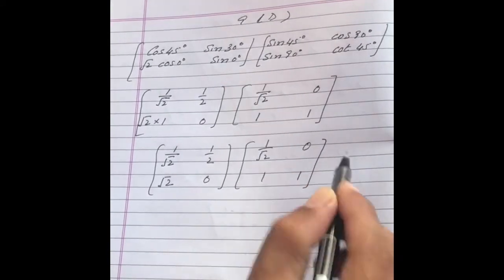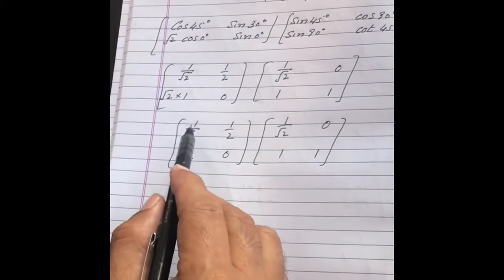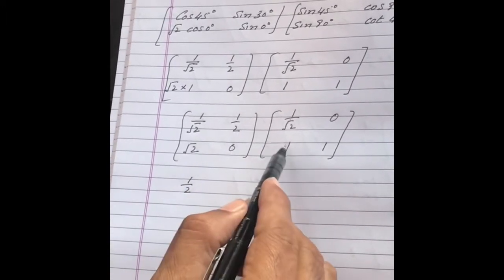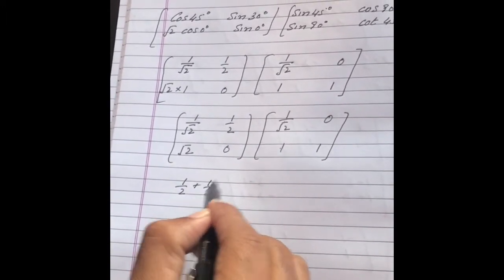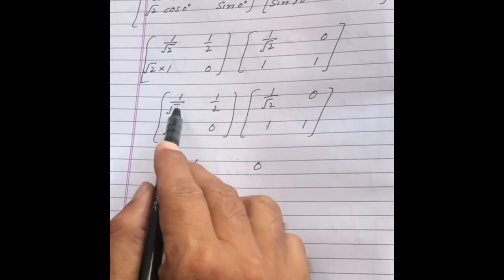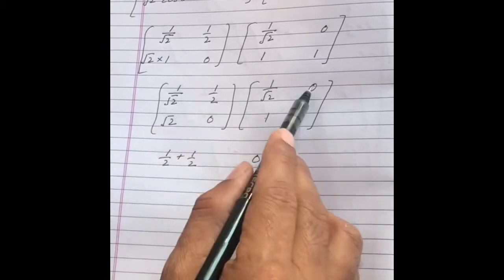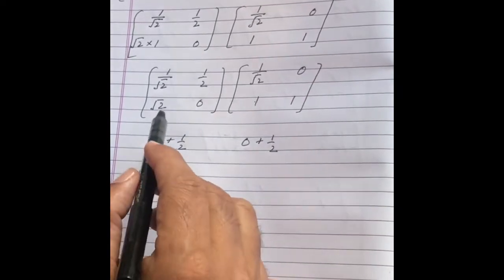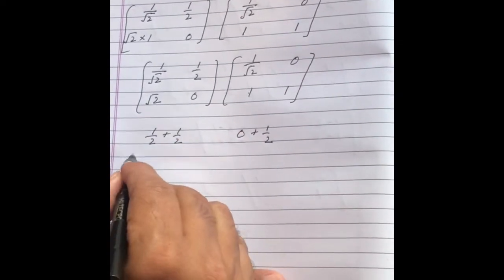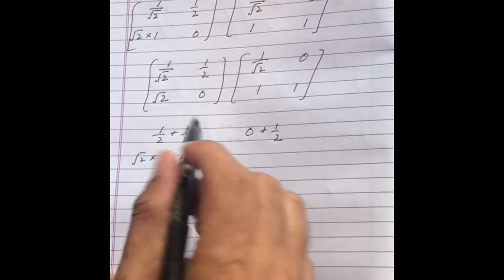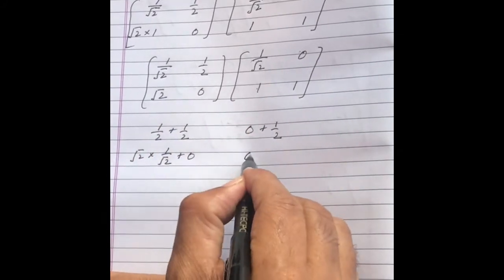Now multiply first row with first column. 1 by root 2 into 1 by root 2 is 1 by 2, 1 by 2 into 1 is 1 by 2. Then first row, second column: 1 by root 2 into 0 is 0, 1 by 2 into 1 is 1 by 2. Root 2 into 1 by root 2, then 0 into 1 is 0. Then root 2 into 0 is 0.